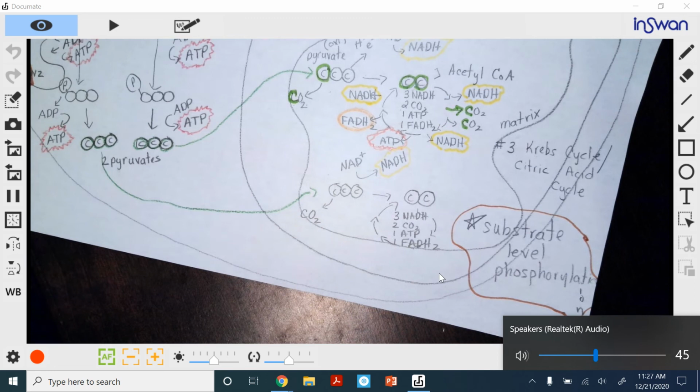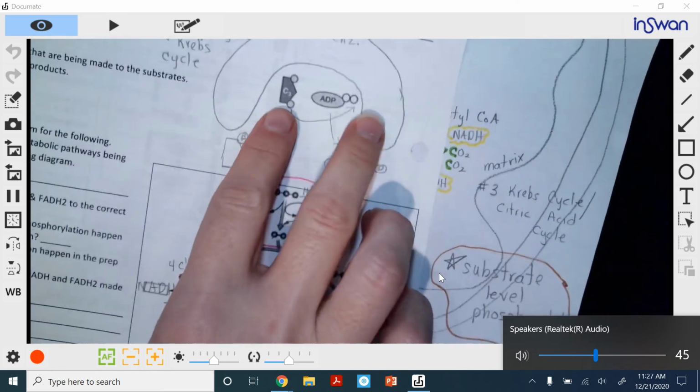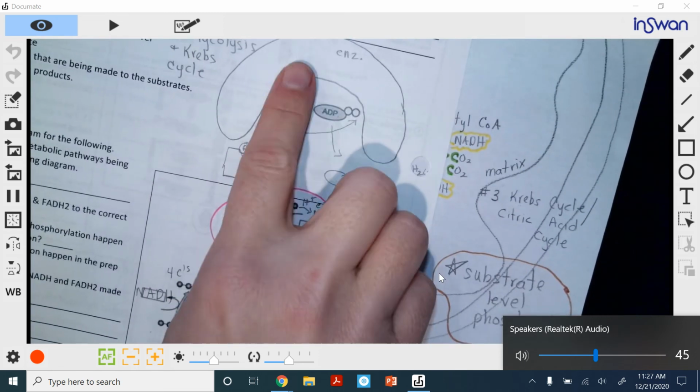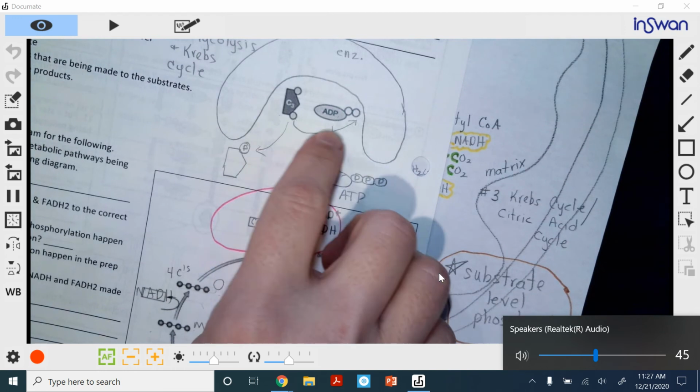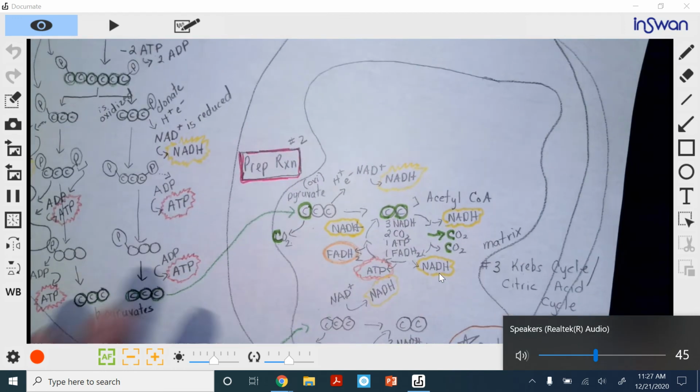So they want you to be able to remember that substrate level phosphorylation gives us ATP in 2 steps, in glycolysis and in the Krebs cycle. And like I said, it really is just this. It simply means that there is an enzyme that can take a phosphate off of a substrate and just put it right onto ATP. Okay, that's your substrate level phosphorylation.